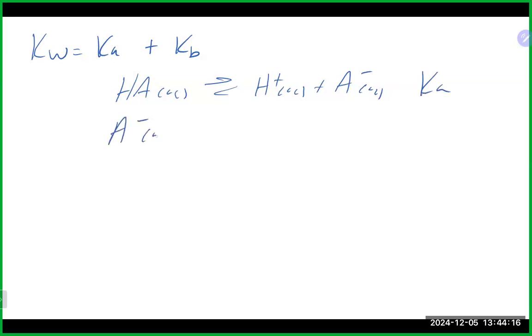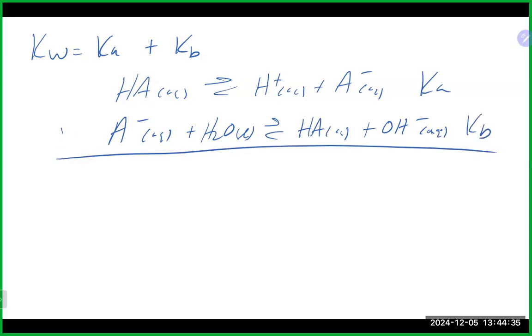Take a base plus a little bit of water, giving HA and hydroxide, that is Kb. That is adding two equilibrium reactions together. Things on opposite sides cancel out, and that's going to leave me with my water.